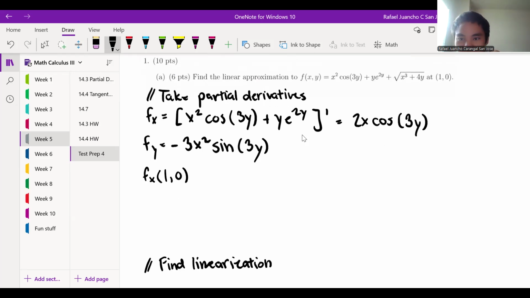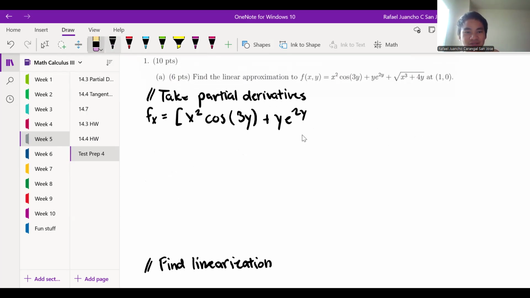Oh crap, I totally forgot about the square root. Oh shoot, my bad. Let me redo all of it. I totally forgot about this thing. Anyway, let me just take the derivative as a whole. Or actually, I'll just do it directly.